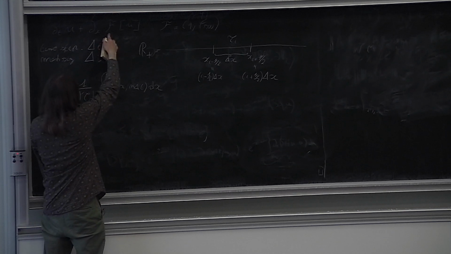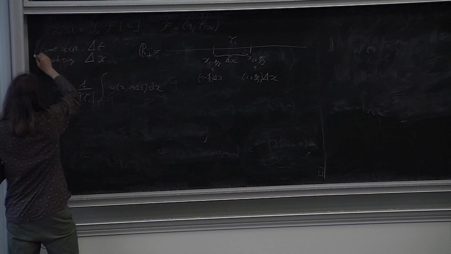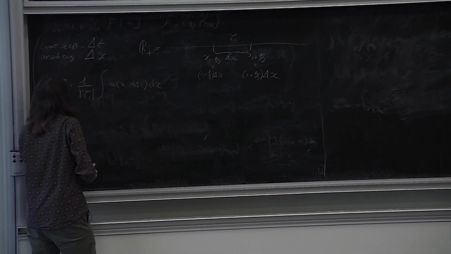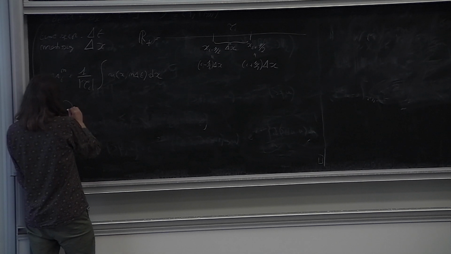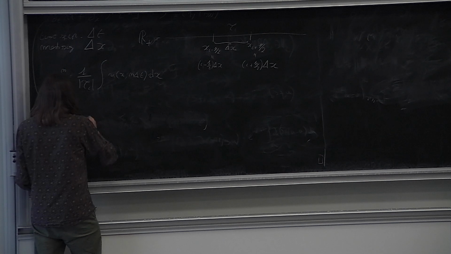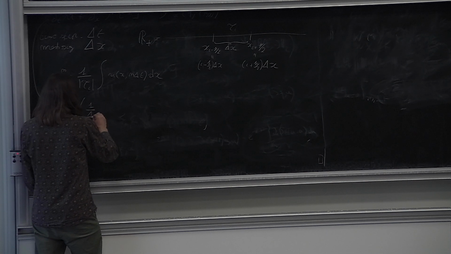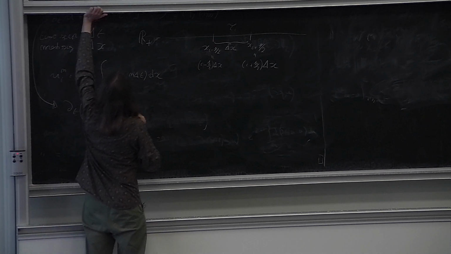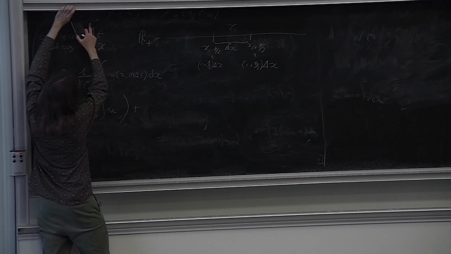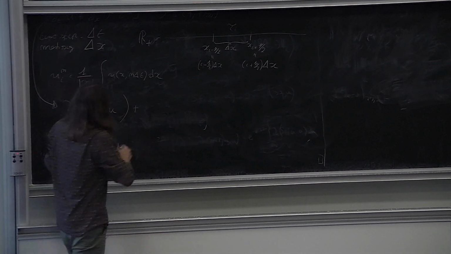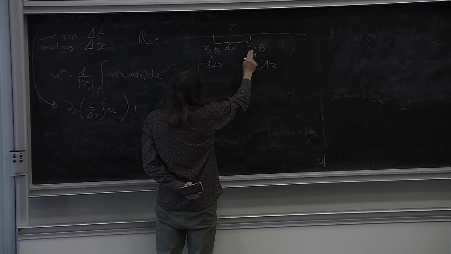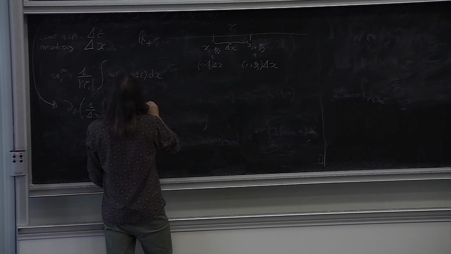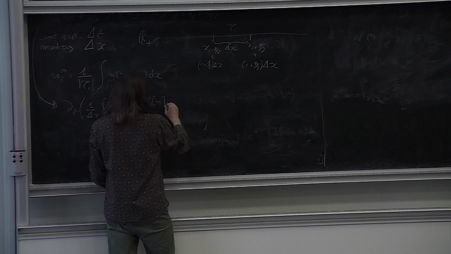So this equation, if I integrate over one cell and divide by the size of the cell, I just find something which is exact. Here, I just need to integrate a derivative, so I take the boundary condition at x_{i+1/2} and x_{i-1/2}.